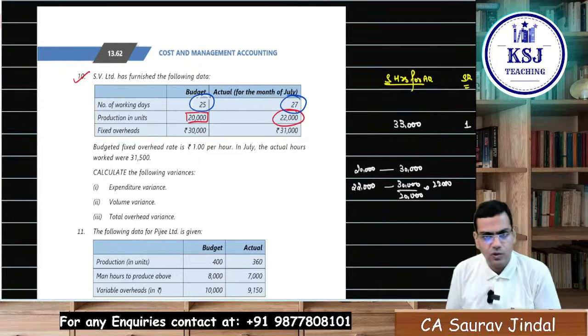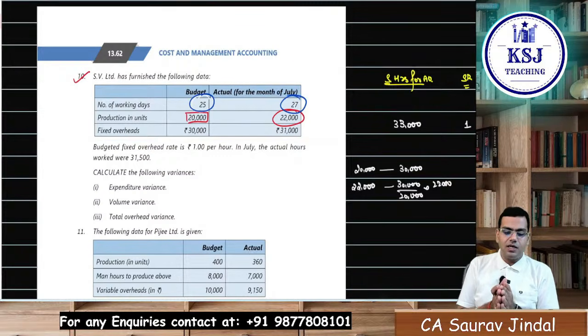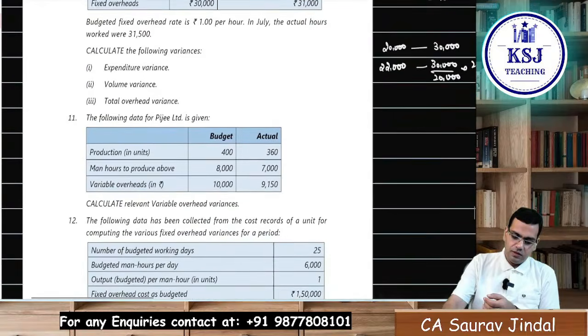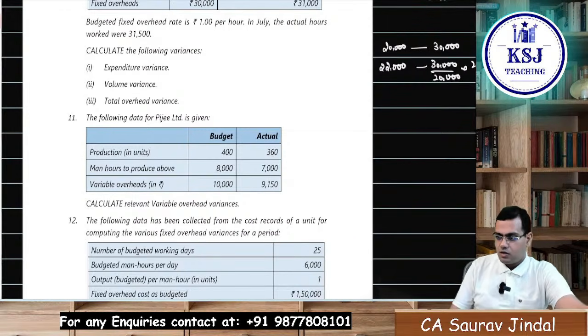They are asking you for only expenditure, volume and total overhead variance. But otherwise, because the number of working days are available, you can calculate calendar variance also. Question number 10 is done. All set, all clear.